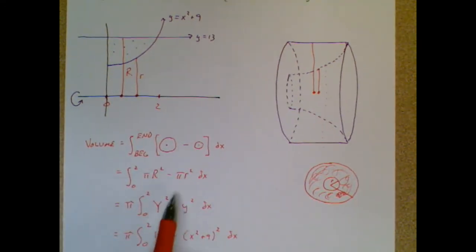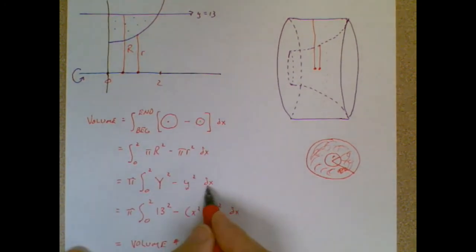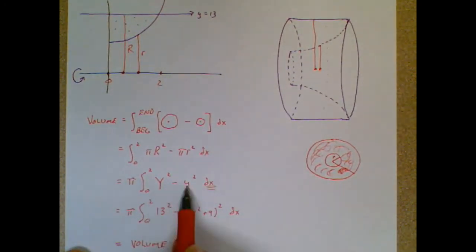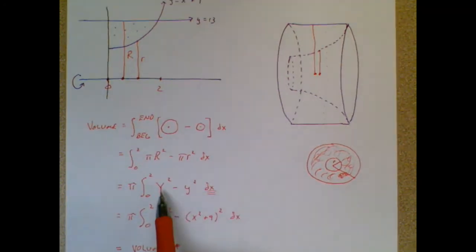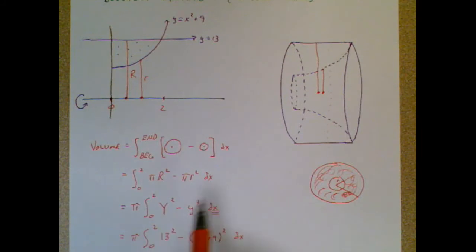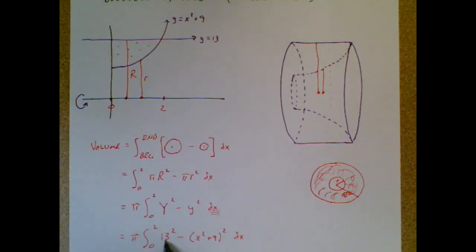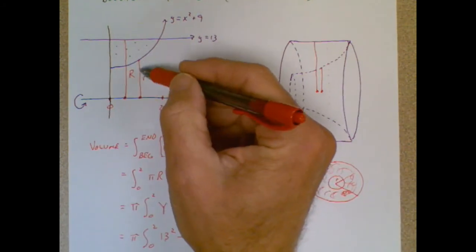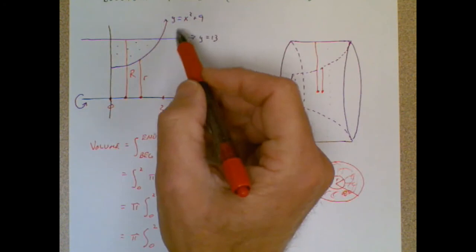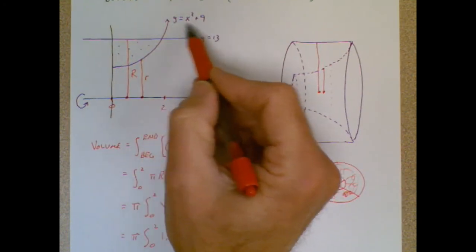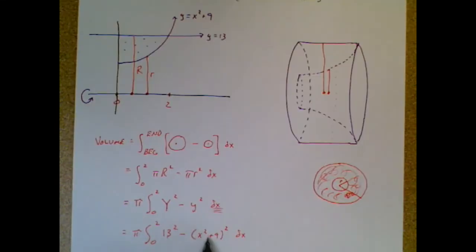So instead of r's, I have y's, but my problem is this is a dx problem, so y is not a welcome variable. I have to turn that into an x variable. The big Y is a pretty easy problem to solve. That's this distance, which happens to be 13. The little y is the distance up to this curvy graph, and since that's a y value, I can say that little y is equal to x squared plus 9.